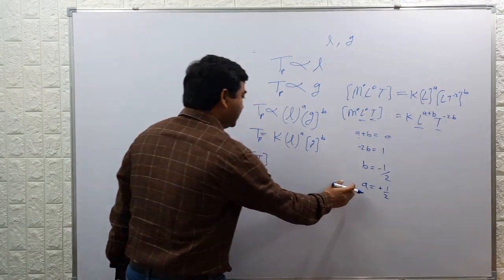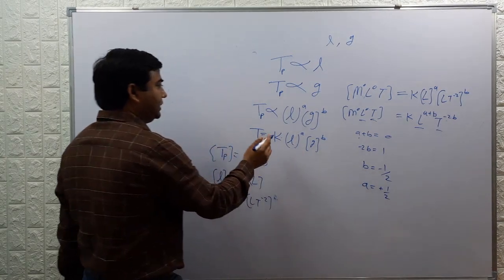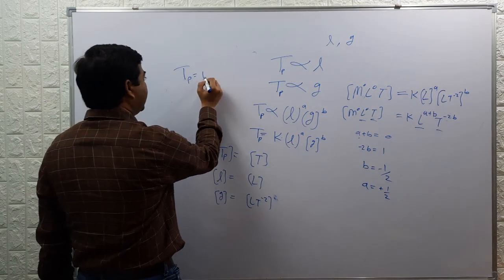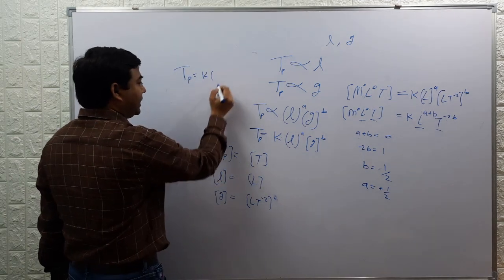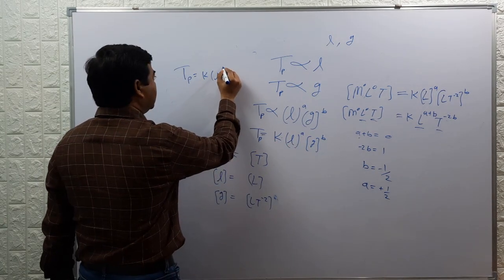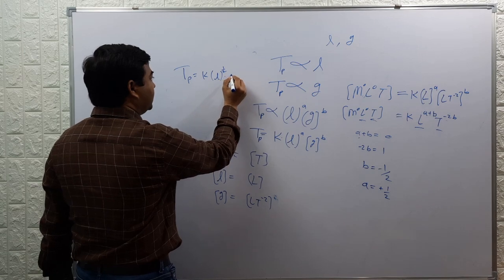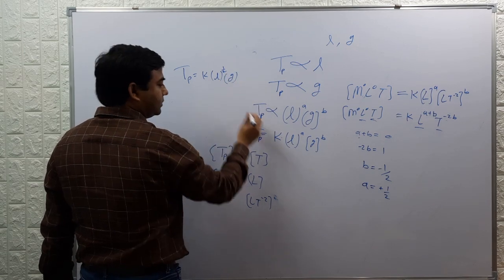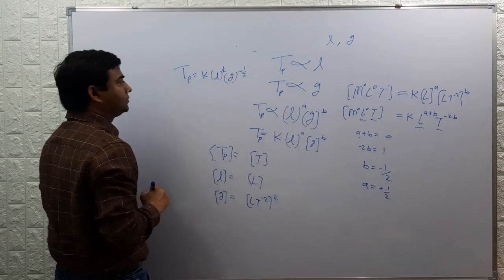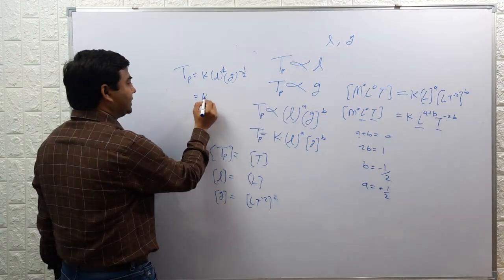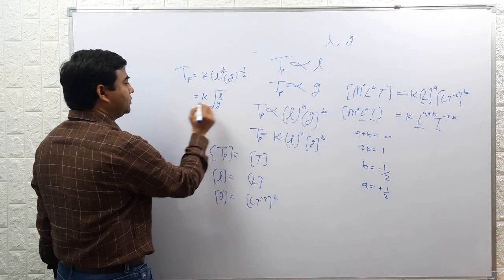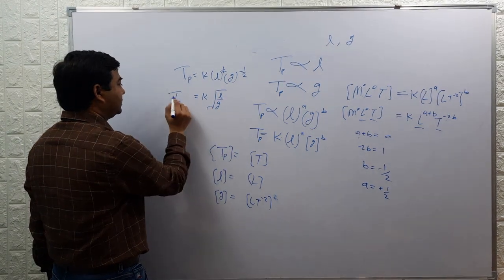Now we can put these values of a and b in this equation. So time period Tp can be written as constant, L to power a, that is half, into g to power b, that is minus half. So this can be written as k under root L by g.